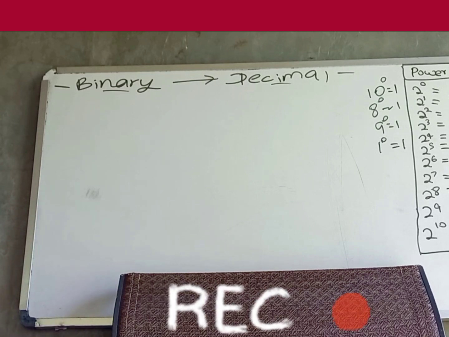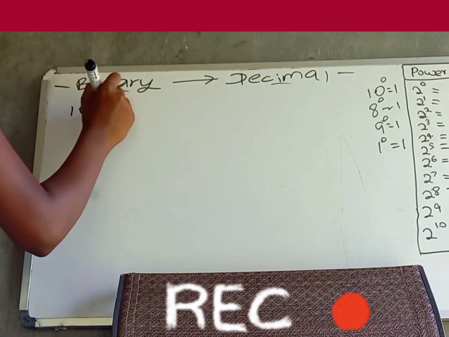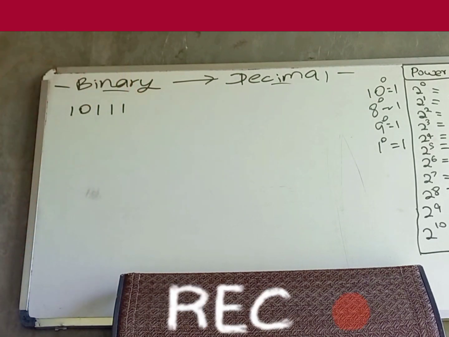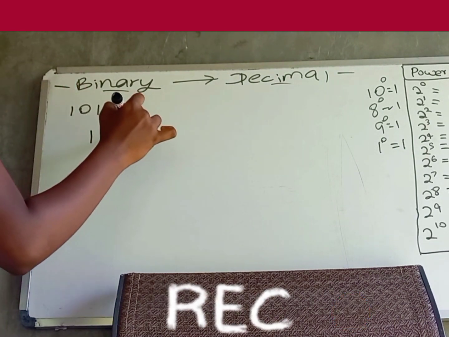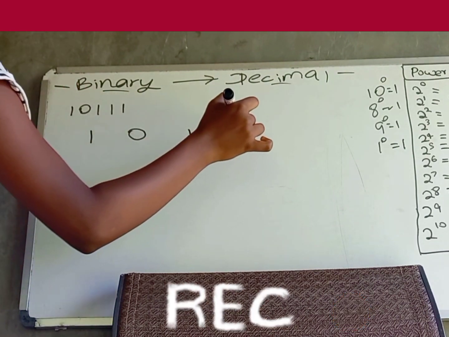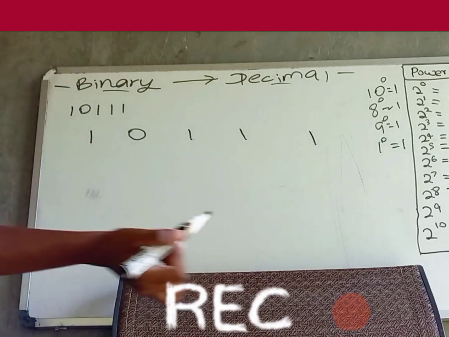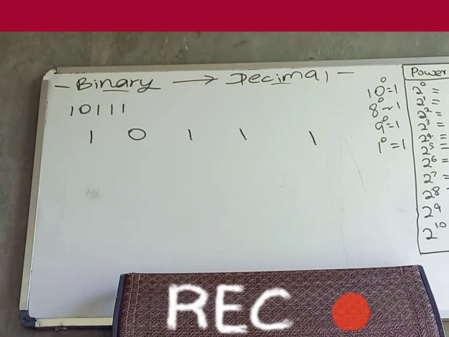So, let us get a binary number. What about 1 0 1 1 1? That's a binary number. First you have to spread the number like this. So, I have spread the number.